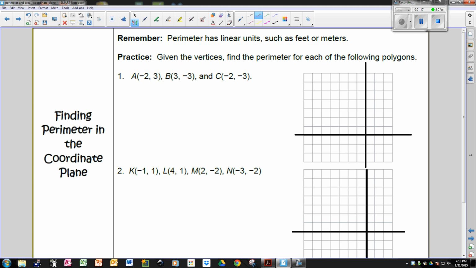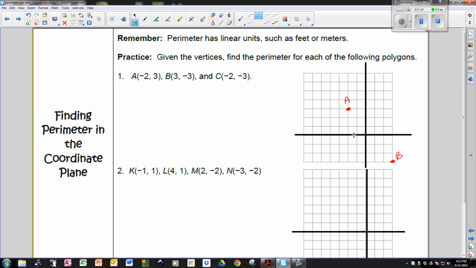Okay, so now, -2, 1, 2, 3. So there's point A. And then let's see. So now let's go 3, -3. 1, 2, 3, 1, 2, 3.